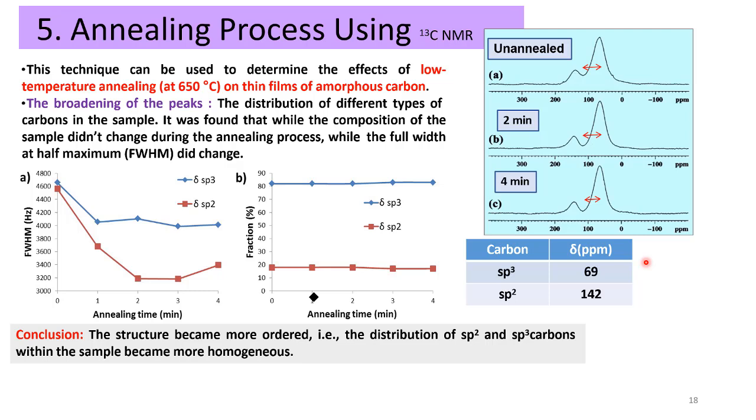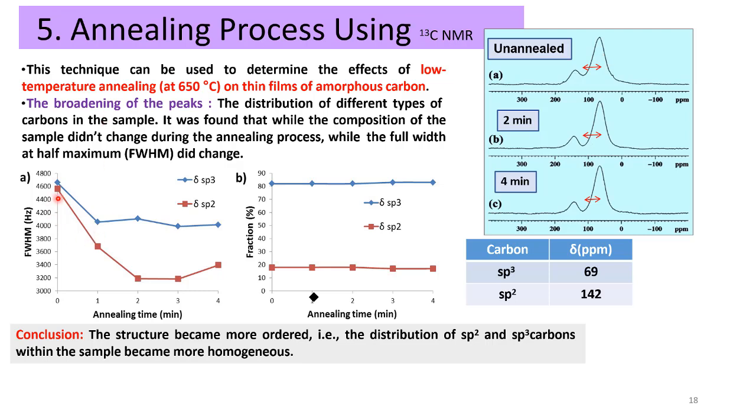Then the annealing process. Different annealing processes will give different widths. Basically, that is the full width half maximum that we consider. Not the shift, but the broadening or thinning of the peak, that is what we can observe from the NMR.